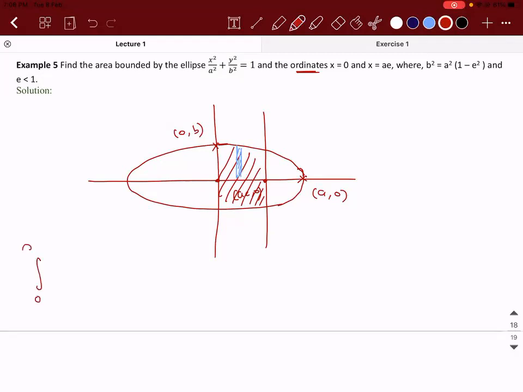Integral of 0 to ae. What is this curve? Defined with respect to x-axis, sir. That is with respect to x-axis. So b by a into root of a square minus x square dx. Correct?